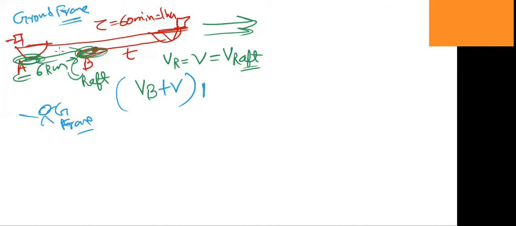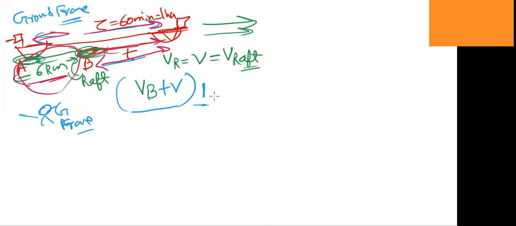So the distance downstream will be the net velocity vb plus v into the time, which is 1 hour. If we subtract the upstream distance from this, then we get 6 kilometers. So vb plus v into 1 hour gives the complete distance, and subtracting the upstream distance gives the net distance, which is 6 kilometers.